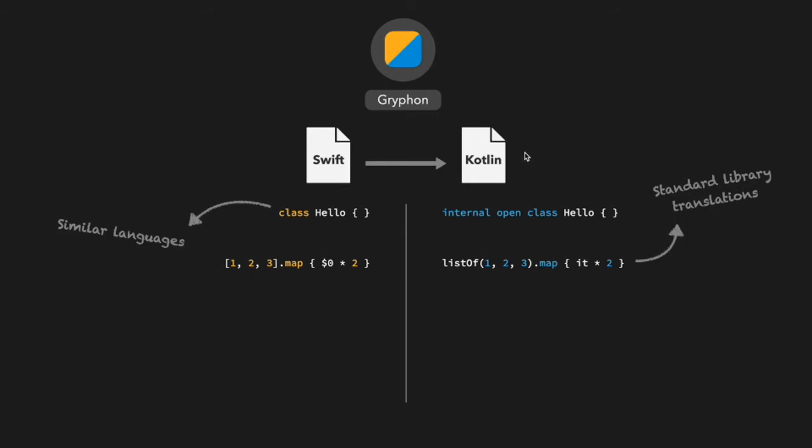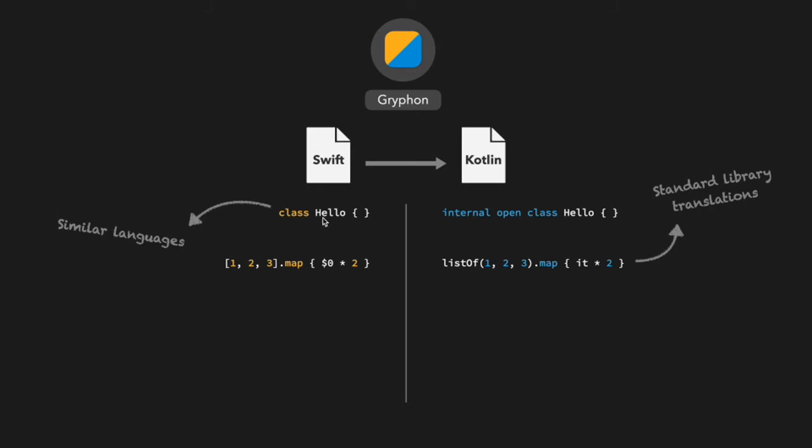So if we use Objective-C, we would have to link the Java standard library written in Objective-C into our Objective-C code. We don't have to do that with Gryphon because it tries to translate most of the standard library translations. Meaning that the Gryphon standard library actually only has like 300 lines of code, as opposed to Objective-C's several hundred thousand lines of code.